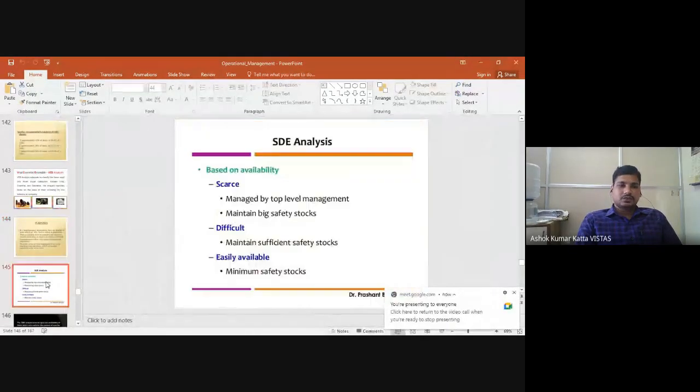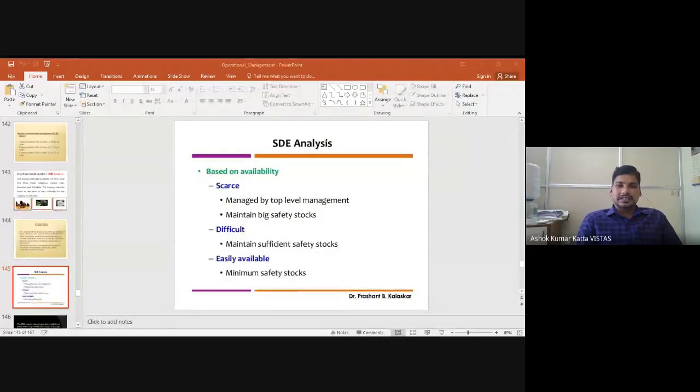Then the next one is SDE analysis. What is this SDE analysis? The name itself mentions it very clearly. S means scarce, D means difficult items, E means easily available.